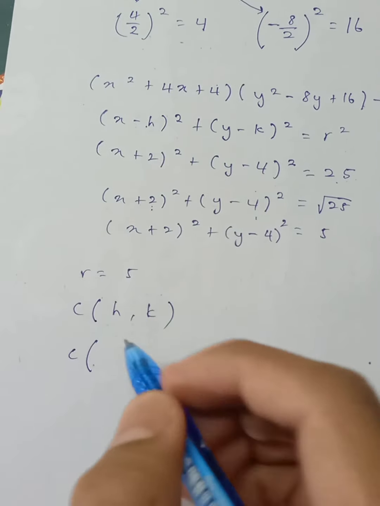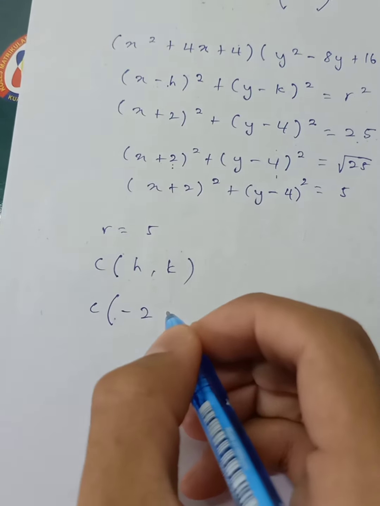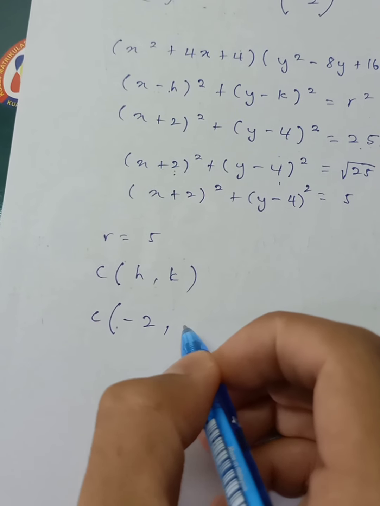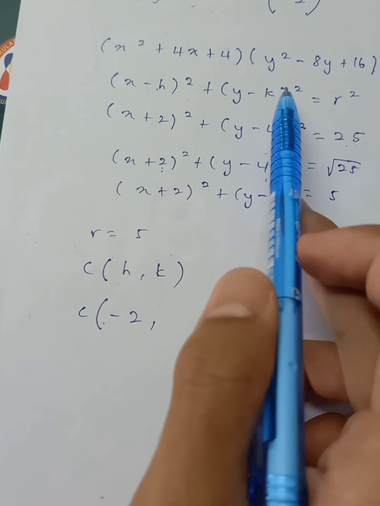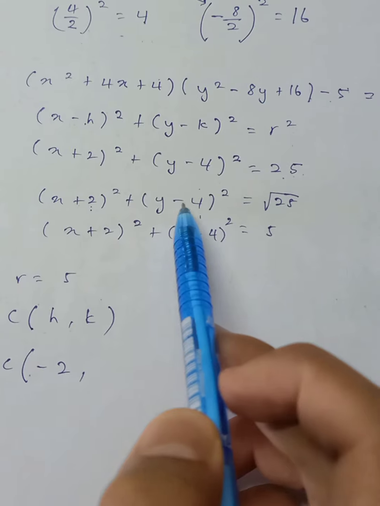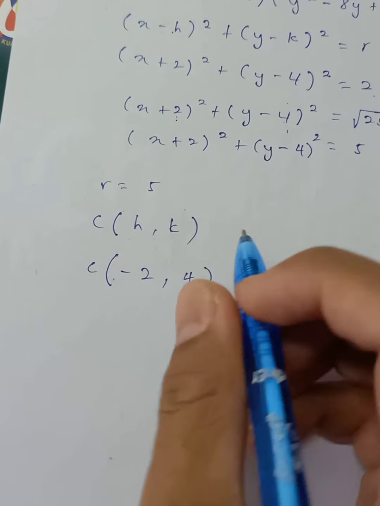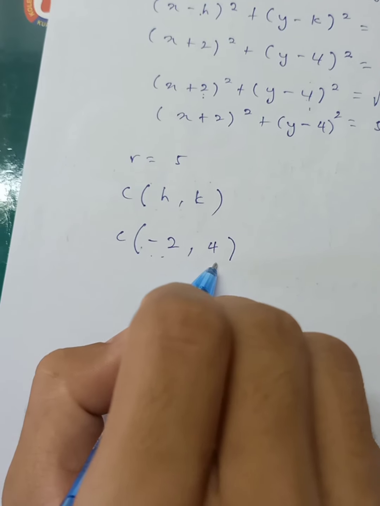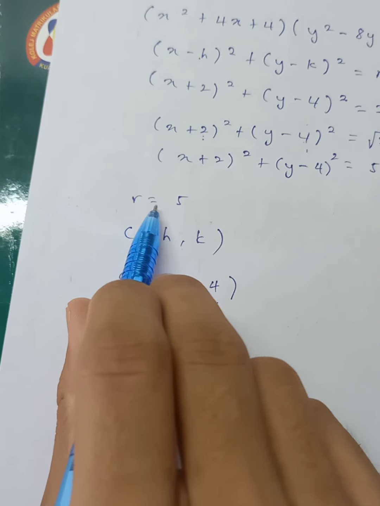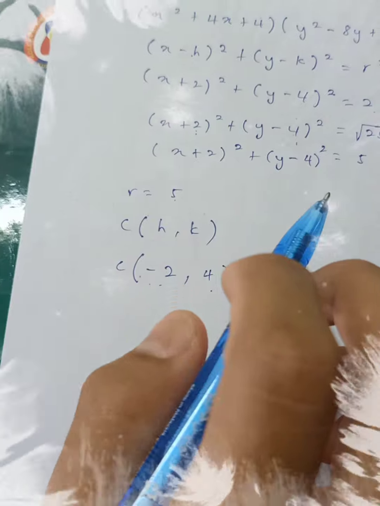So the value of h is negative 2. Right? And negative k equal to negative 4, so k is 4. Alright, so this is the coordinate of center C: negative 2, 4, and the r value is 5. So that's the answer for question 7A.